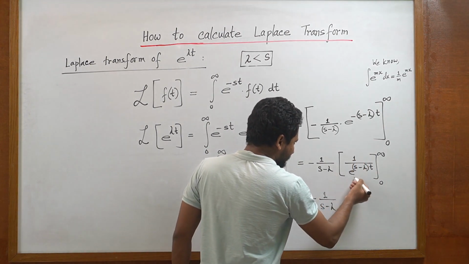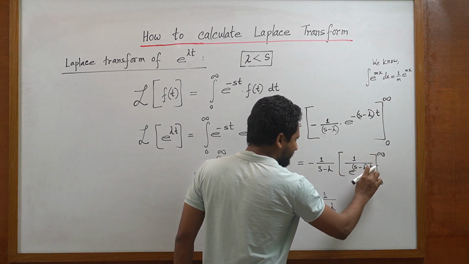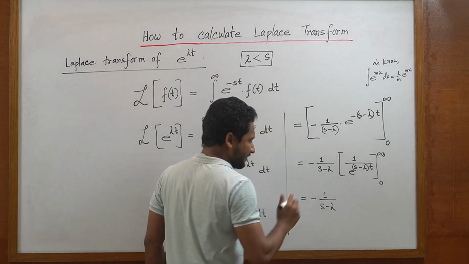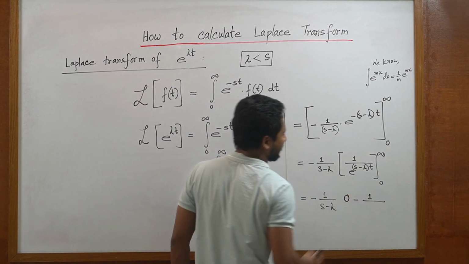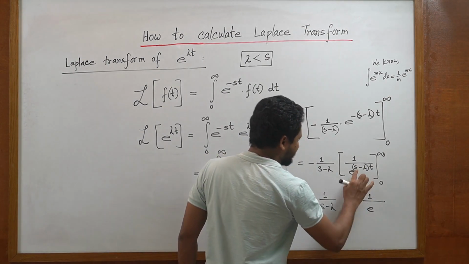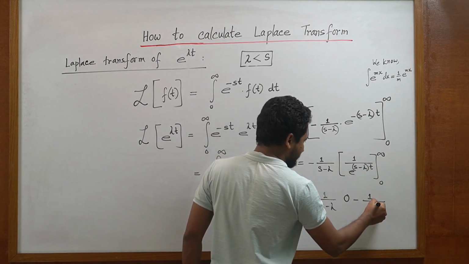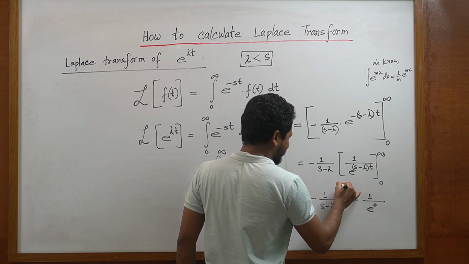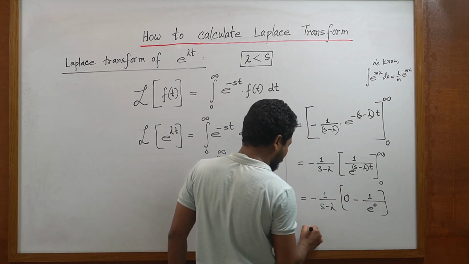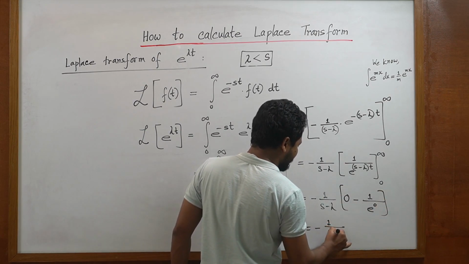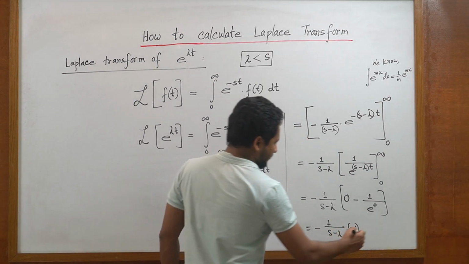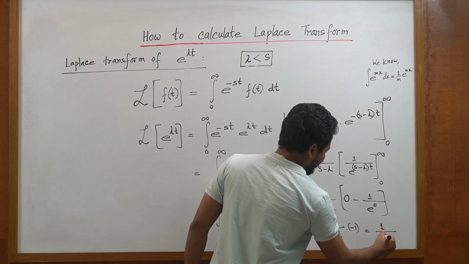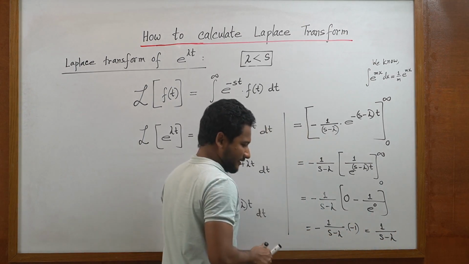So the limit when t tends to infinity gives us 0, minus 1 by e to the power s minus lambda into 0, that means e to the power 0, which is 1. So minus 1 by s minus lambda into minus 1. So the result comes 1 by s minus lambda.